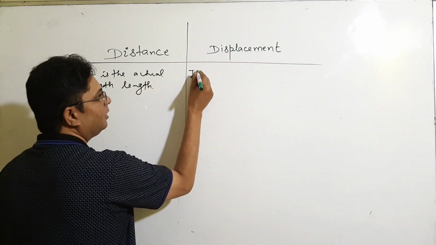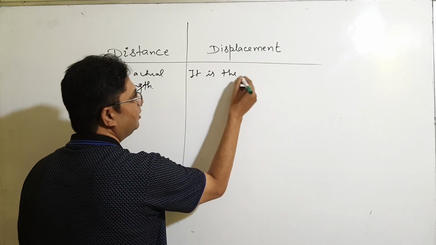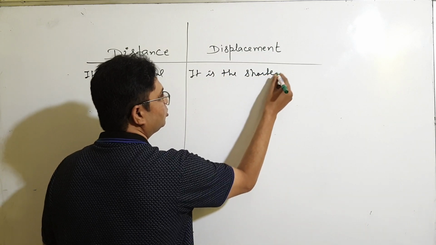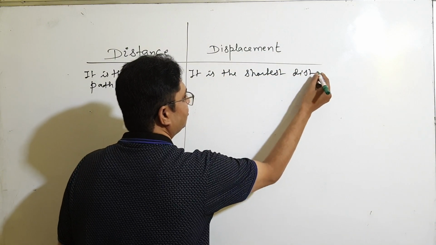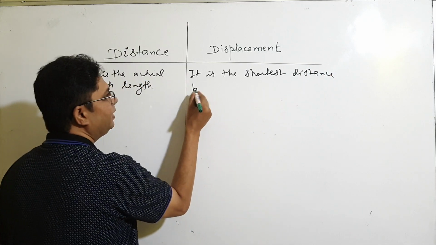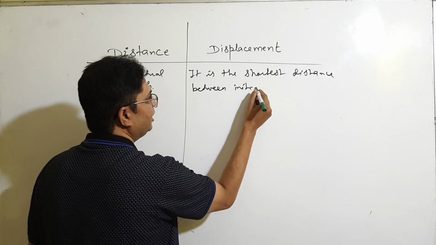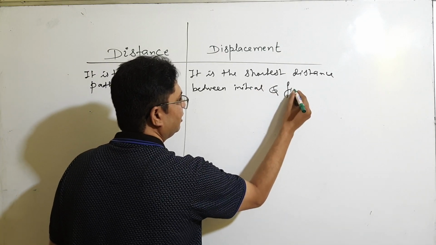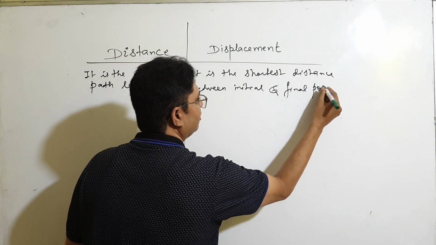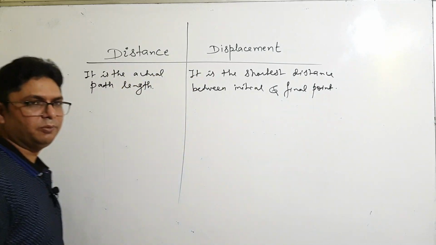Displacement is the shortest distance between initial and final point or position.